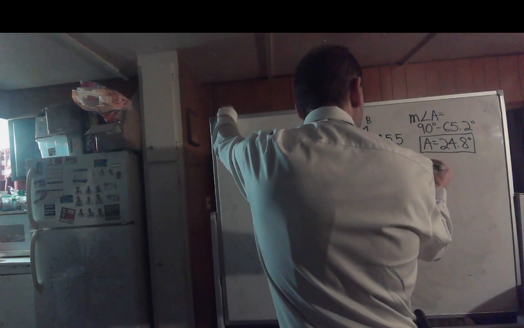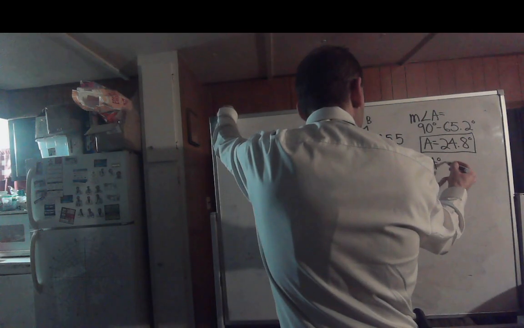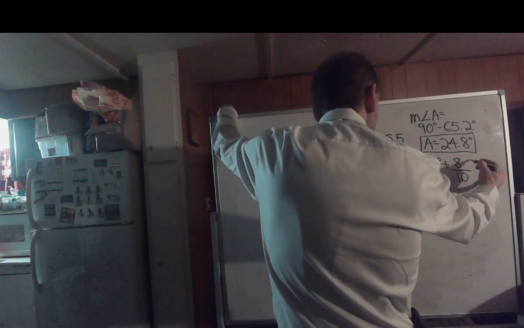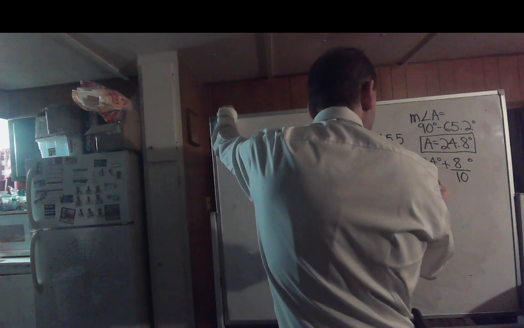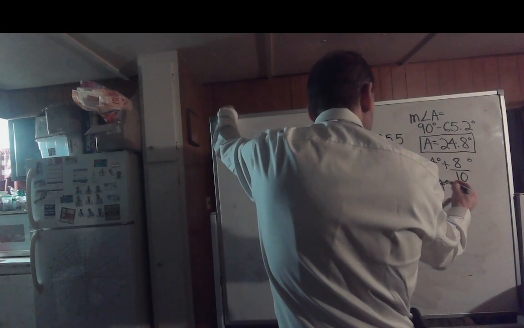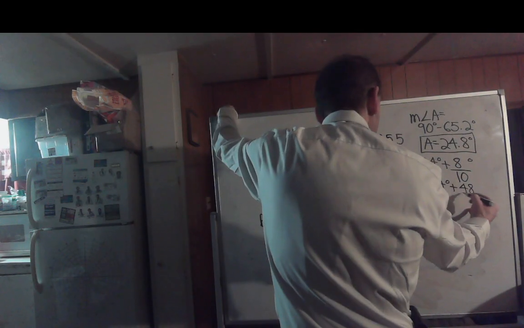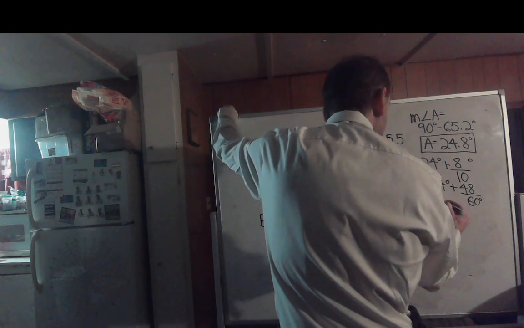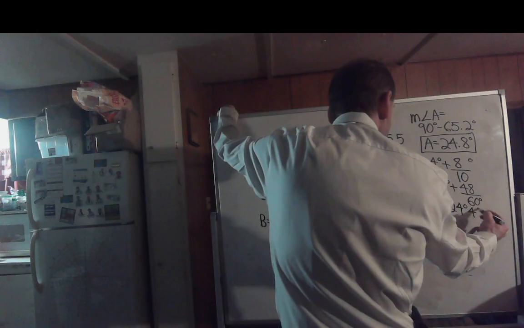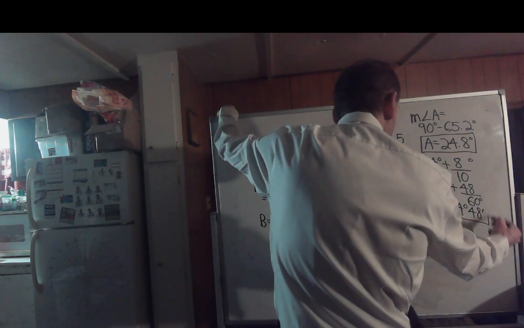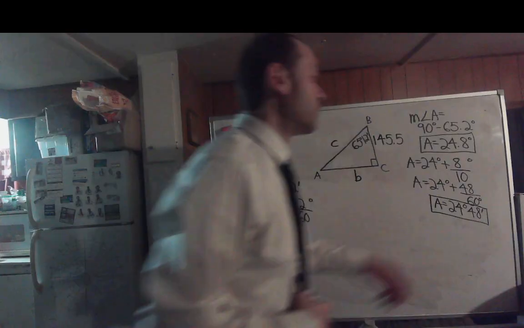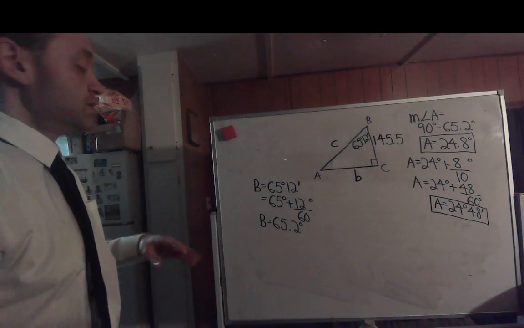So angle A equals 24 degrees plus 0.8 of a degree, which means that angle A would equal 24 degrees plus 48 out of 60 degrees. So angle A in terms of degrees and minutes is 24 degrees 48 minutes. All right, so we have our angles.